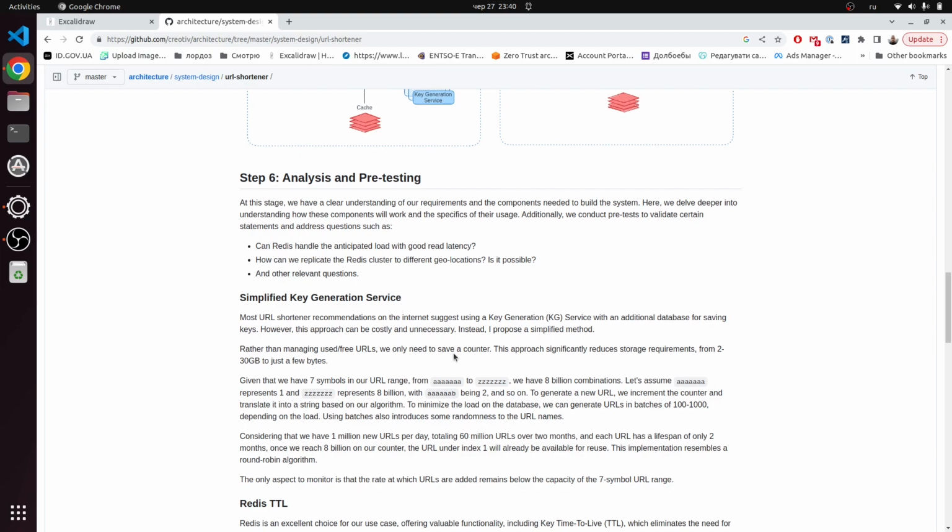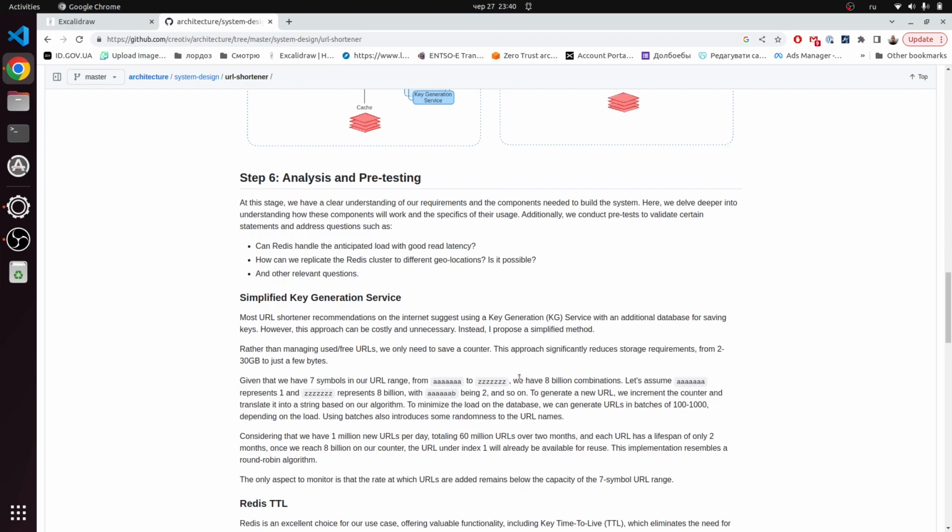It basically resembles a round-robin algorithm. We have 7 symbols in our URL. It's about 9 billion combinations from AAA to ZZZ. Let's assume that AAA is number 1 and ZZZ is number 8 billion something.